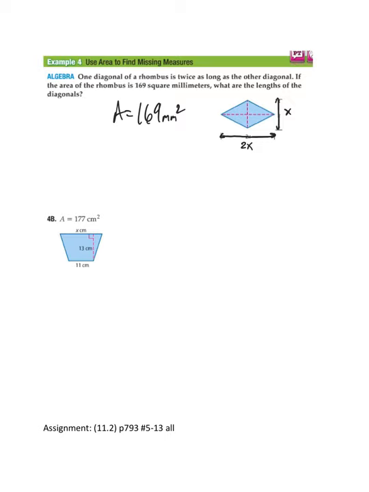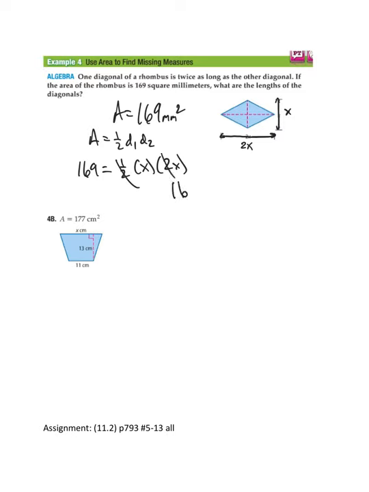So finding measures here, I do want to write that. 1/2 D1 times D2. Substitute 169 for your A, equals 1/2, diagonal 1, let's call that X, diagonal 2, let's call that 2X. Multiplying this right side together, 1/2 times 2 is just going to cancel.